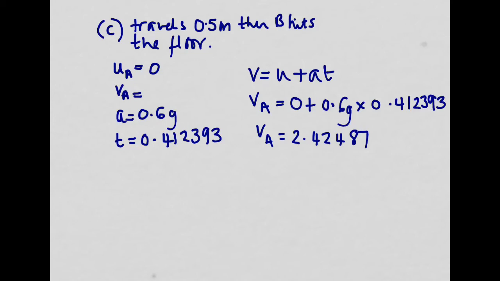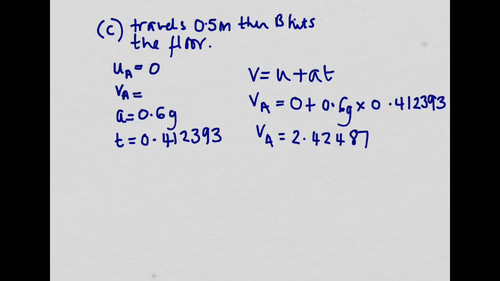Okay, so what we need to find out is the total distance travelled. So I want to know how far A carries on moving. If you think about it, the initial velocity when A is about to move off on its own, when it's not interconnected... So let's see, what could I look at?